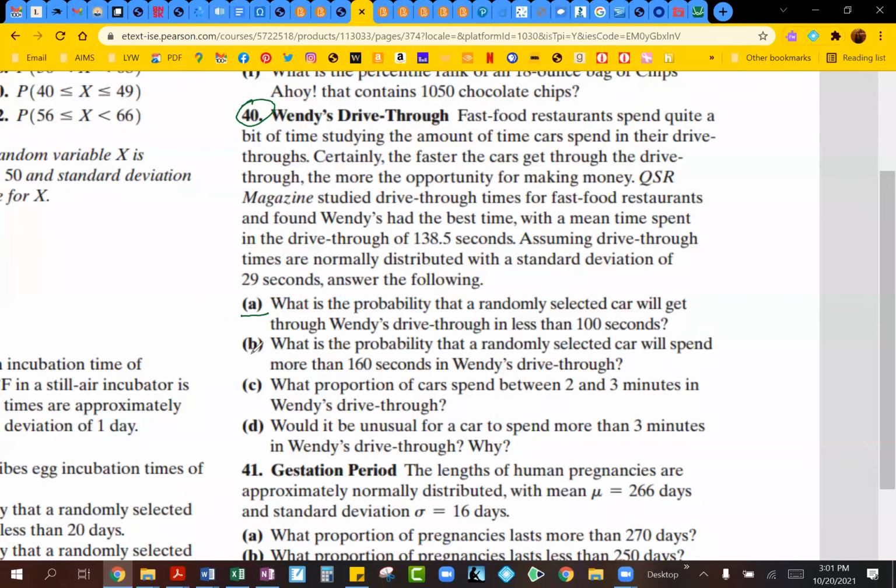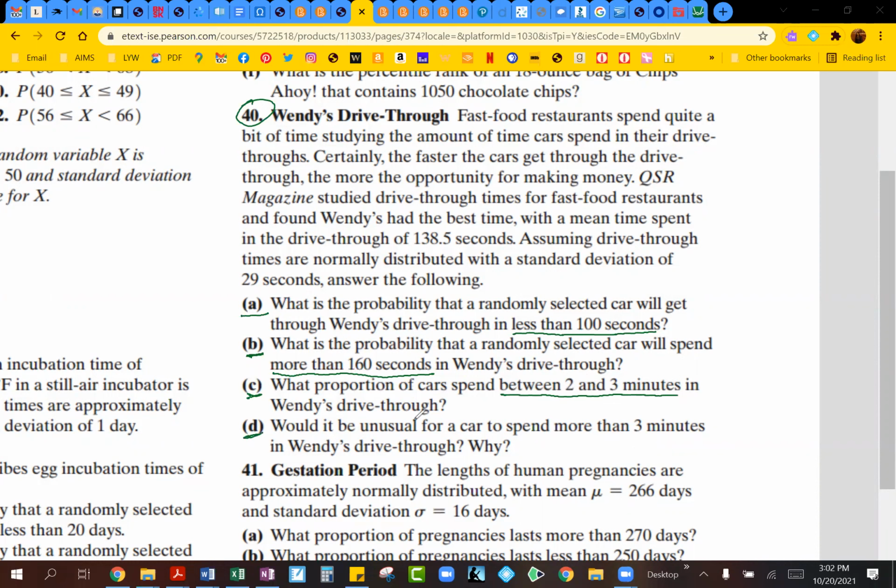Part B wants to know what is the probability that a randomly selected car will spend more than 160 seconds in the drive-through. We've already done the less than, now we've got more than. This next one asks what proportion of cars spend between 2 and 3 minutes in the Wendy's drive-through.